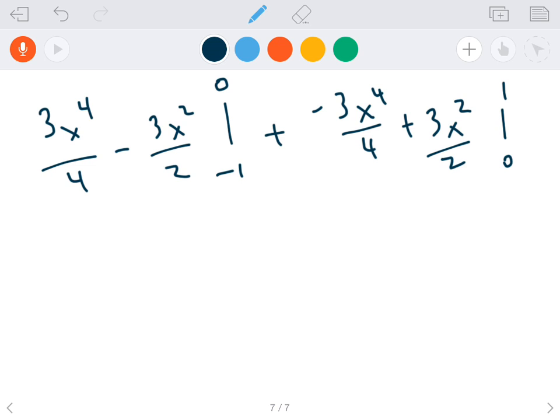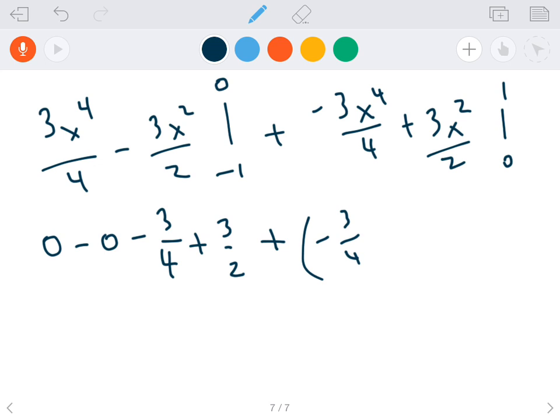So when I plug in 0, I've got 0 minus 0 minus, when I plug in -1, that becomes 3/4 actually. Plus 3/2. And then for my second integral, -3/4 and 3/2 minus 0, that's convenient.